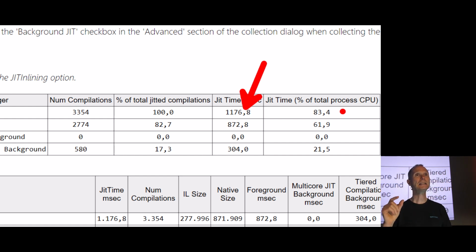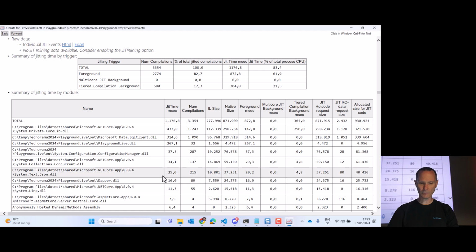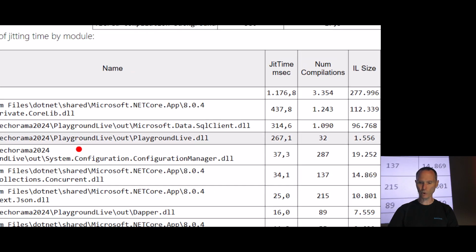This is a pretty astonishing amount. Granted, we don't do a lot of work in our application, but for such a simple Hello World application, we are using a second. And if you take a look at the different libraries, you see that the system uses for the core lib approximately half a second for jitting time, SQL client uses a third of a second, and so on and so on.